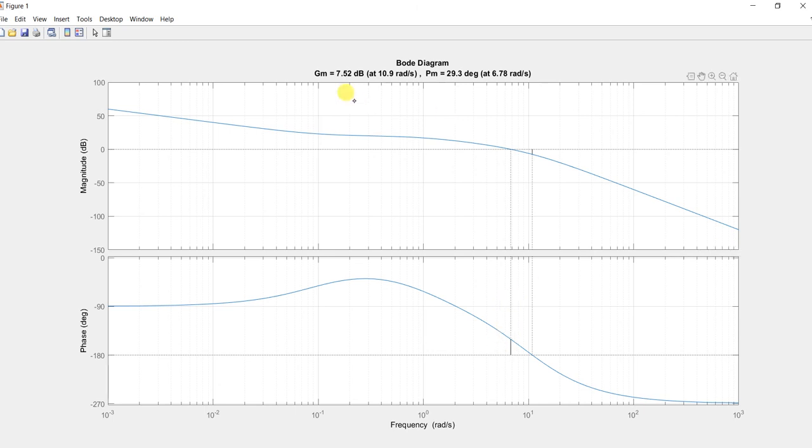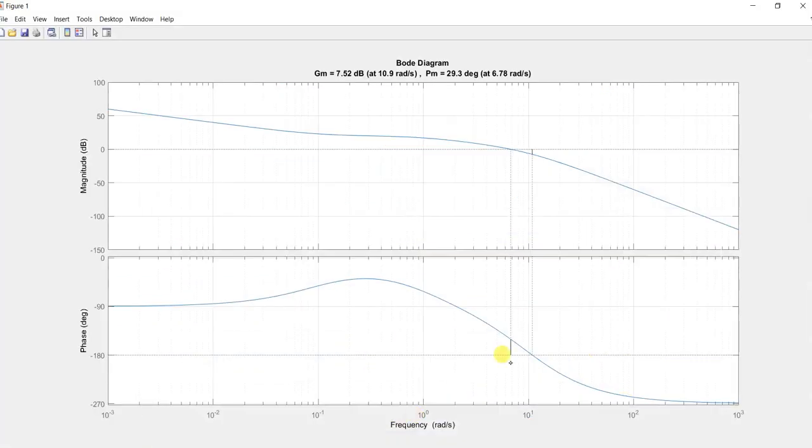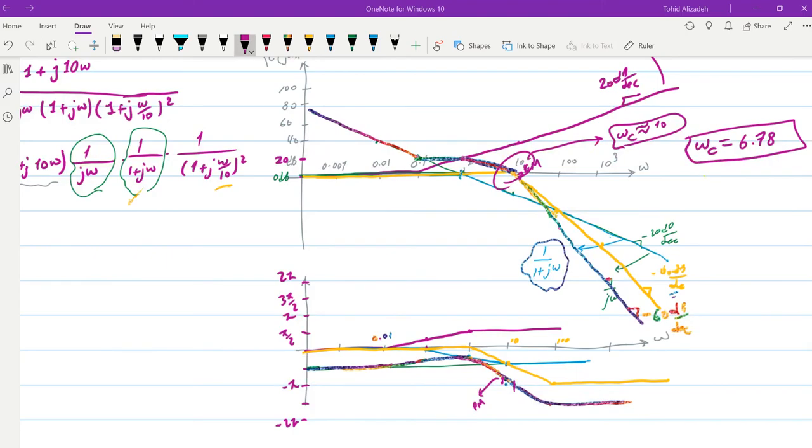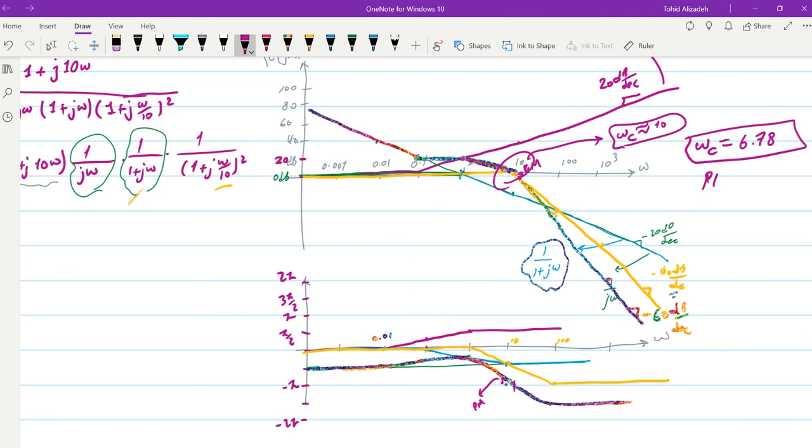So we have the crossover frequency equal to 6.78 radians. So the exact omega c is equal to 6.78 radian per second. And the phase margin is 29.3 degrees.